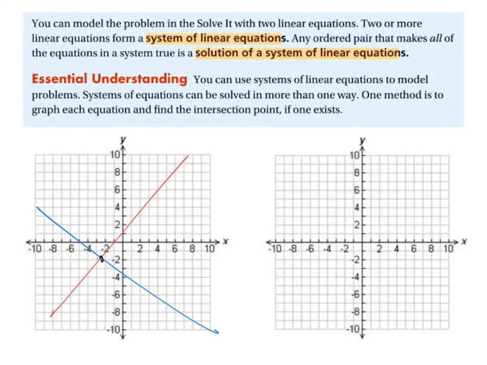And in this particular case, they only cross in one place, so there's only going to be one value of x and one value of y that you can plug into the first equation to solve it, and you plug those same values into the second, and it will also solve it.